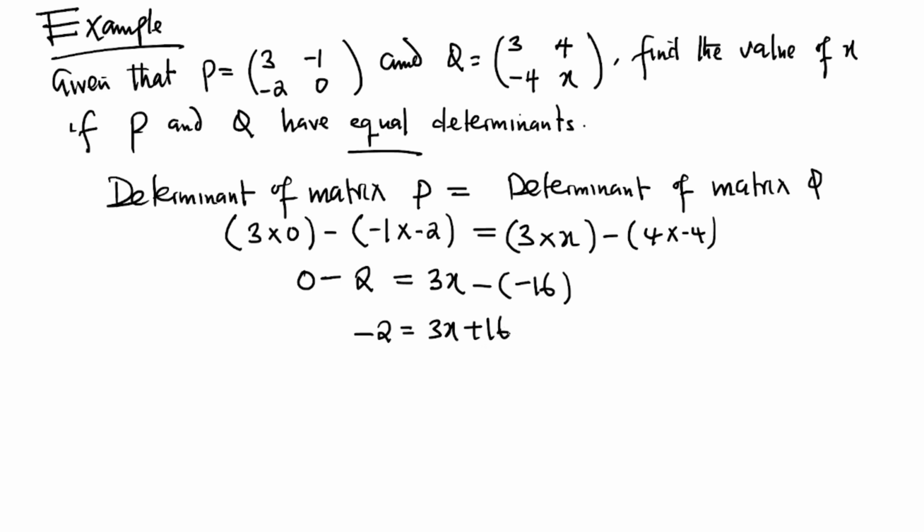So when this 16 crosses the equal sign, we get -2 minus 16 being equal to 3x. So -2 minus 16, that's going to give us -18 being equal to 3x. You divide both sides by 3. Your x there is going to be equal to -6.